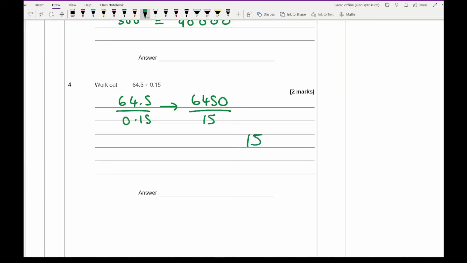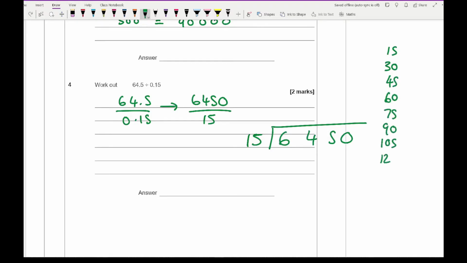So here I've got 15 over 6450, and if I write down the 15 times table, I've got 15, 30, 45, 60, 75, 90, 105, 120, 135 and 150, and then just go through the motions. So 15 doesn't go into 6, carry the 6.